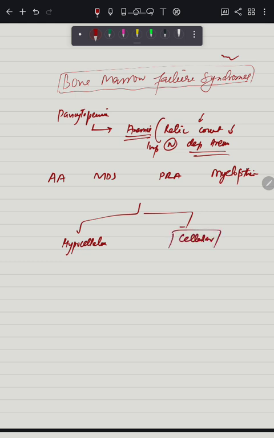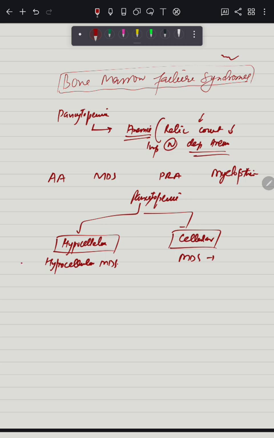Usually pancytopenia with cellular marrow, MDS is a classic example, but sometimes there is this hypocellular MDS that falls in the hypocellular marrow category.